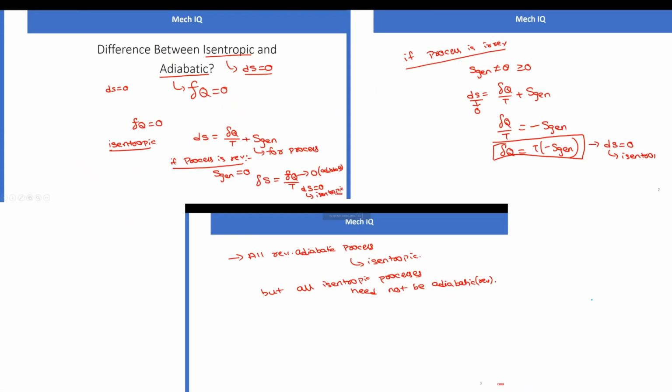One question I would ask you: what is the difference between an isentropic process and an adiabatic process?